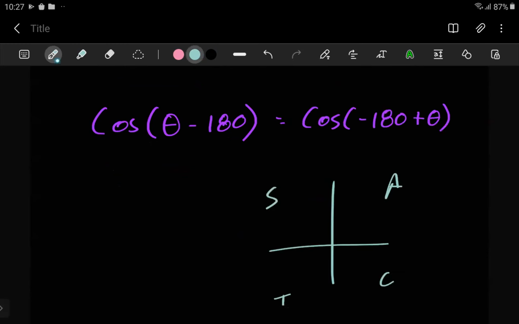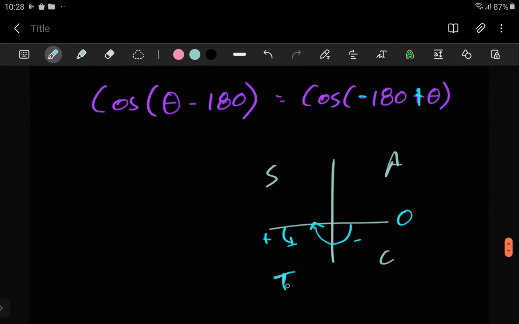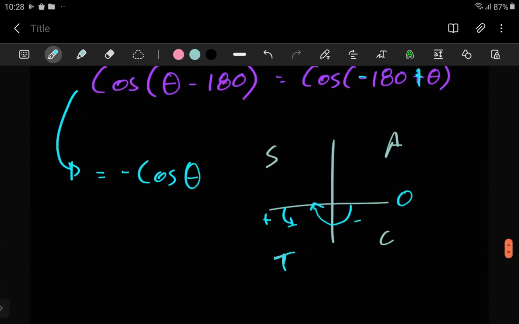If you have to go minus first, it means you have to go clockwise. That's like negative 180, you're going negative 180 degrees. The moment you have to plus, you have to come back, which will land you in this quadrant where only tan is positive. So this whole thing here is just going to be equal to minus cos theta. You see it?